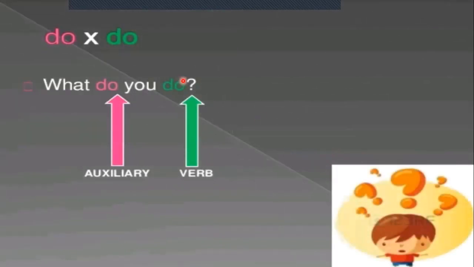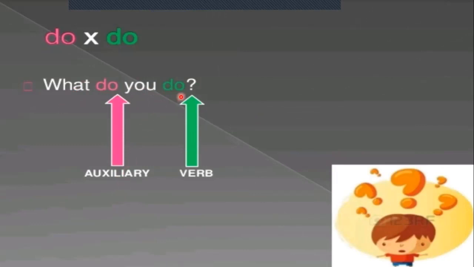My students, look at this question. What do you do? Ask yourself, what's the difference between do in pink and do in green? Excellent. The difference between them is, do here, we use it as an auxiliary verb.